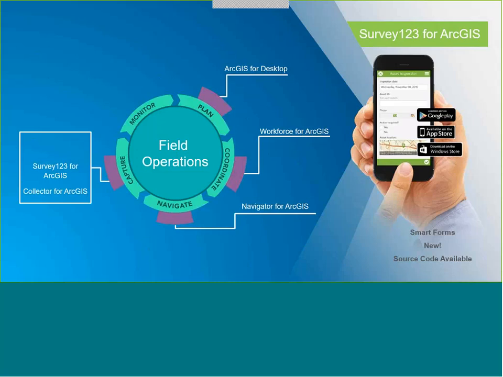Once you have done with the Collector app, there is one more app which is available called the Survey123 app. Again, this is especially for those people who would like to do their surveys. Nowadays, we very well understand that along with the GIS, we also would like to capture lots of data which is available in the form of attributes.